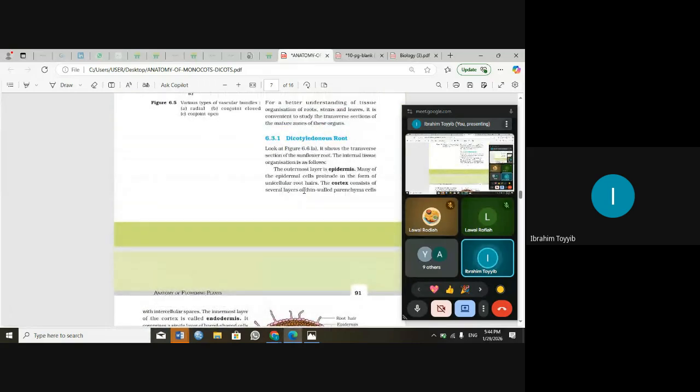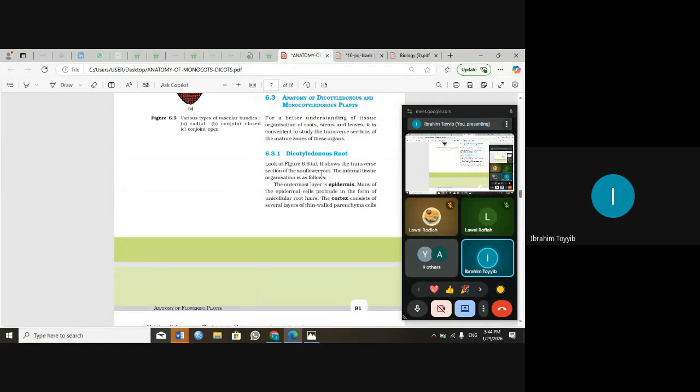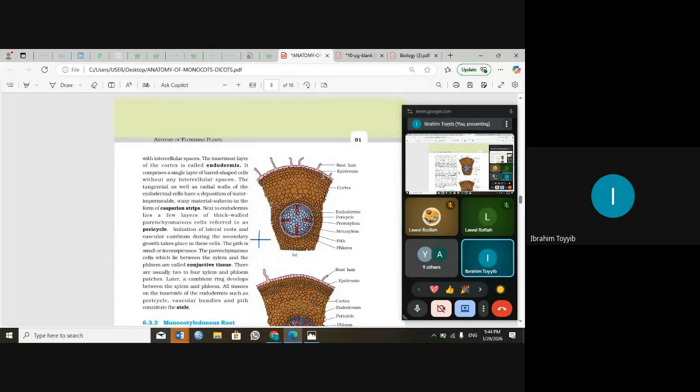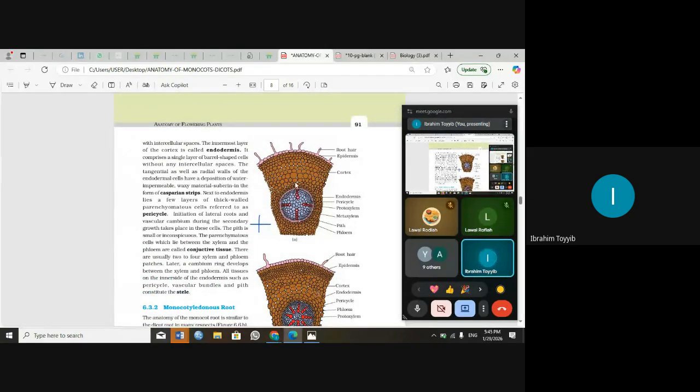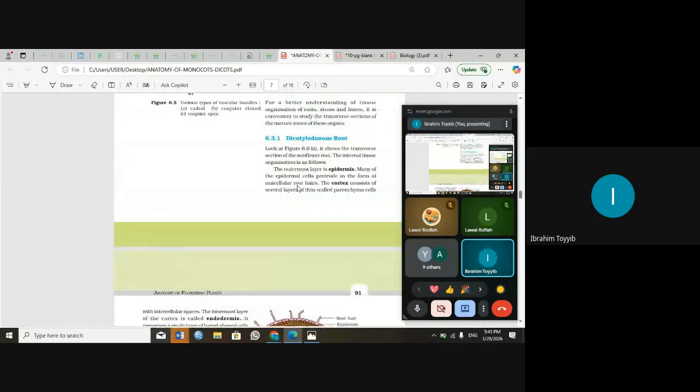So look at the dicotyledonous root. This one is the dicot root. Now look at it. The outermost layer is the epidermis. After the epidermis, we have the cortex. The cortex consists of several layers of thin-walled parenchymal cells.